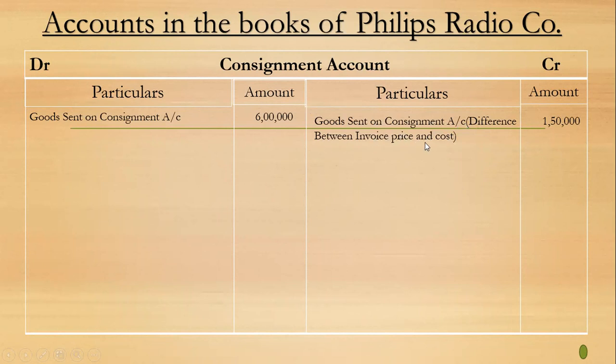Then we are having the information that Philips company incurred the expenses of carriage rupees 1,500, freight rupees 22,500 and insurance is 18,750. So that will be the total amount of 42,750.